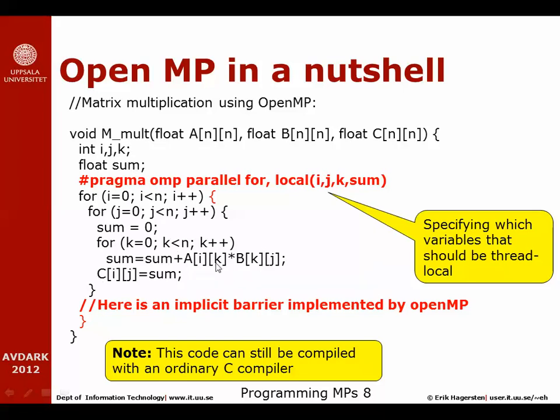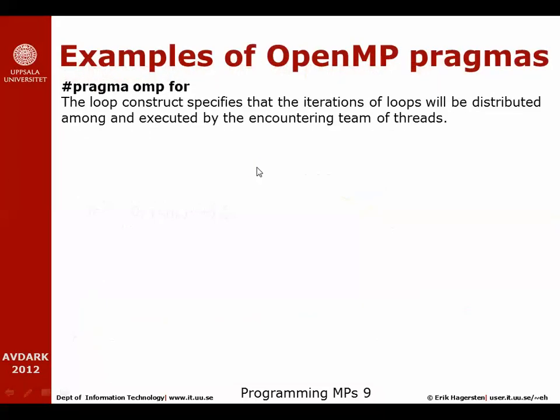And when you use a special OpenMP compiler, or a compiler that can do both normal C and OpenMP, you pretty simply just set the OpenMP flag of that compiler, and by magic, this will become parallel code.